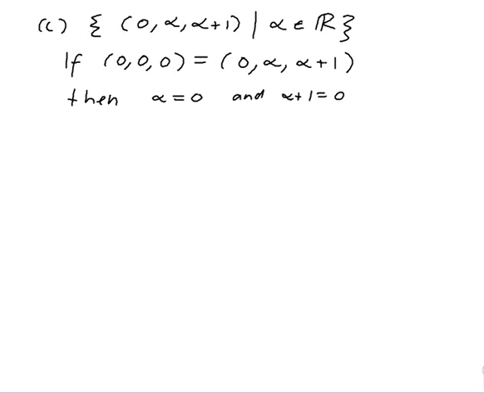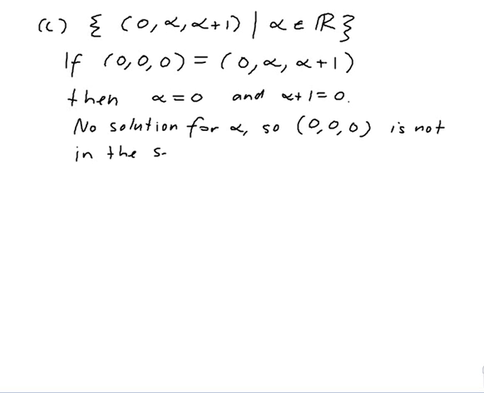Well, that would mean that alpha is both 0 and -1 at the same time, which it can't be. So no solution for alpha. So 0, 0, 0 is not in the set. Therefore, the set is not a subspace.